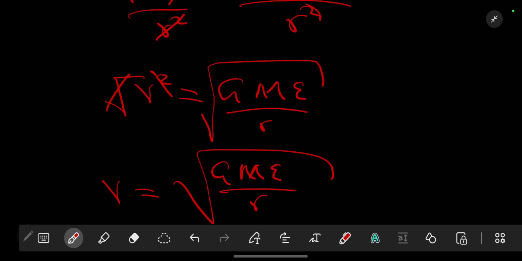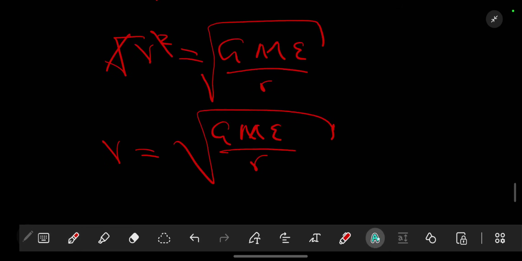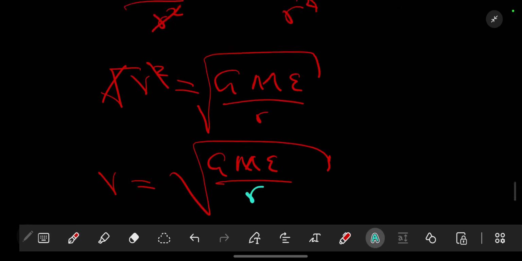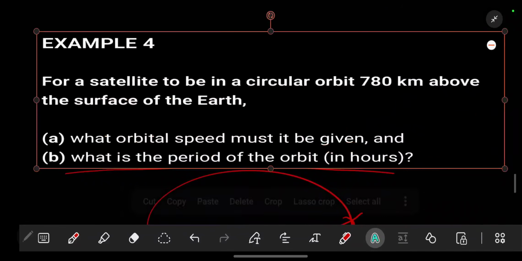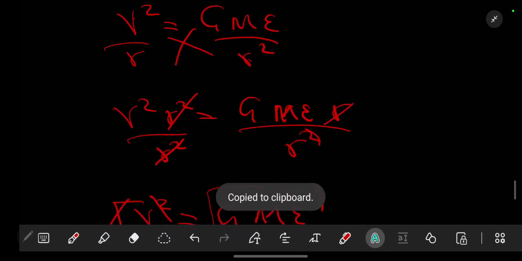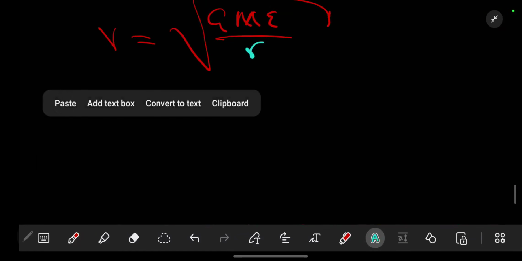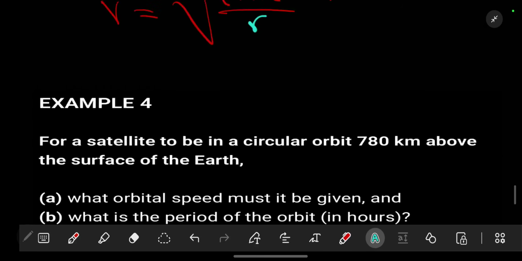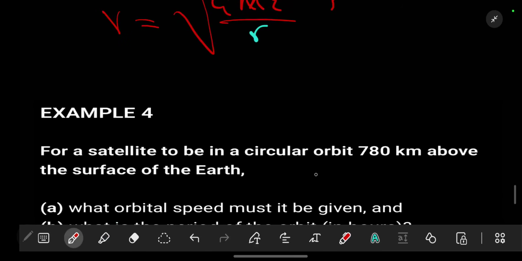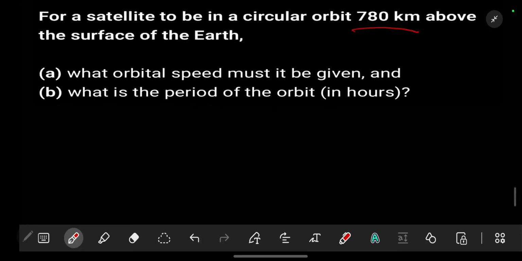From here, just replace. Now be careful: this r is the distance from the center of the Earth to where the satellite is. They have given us everything, so we use it. The satellite is 780 kilometers up.